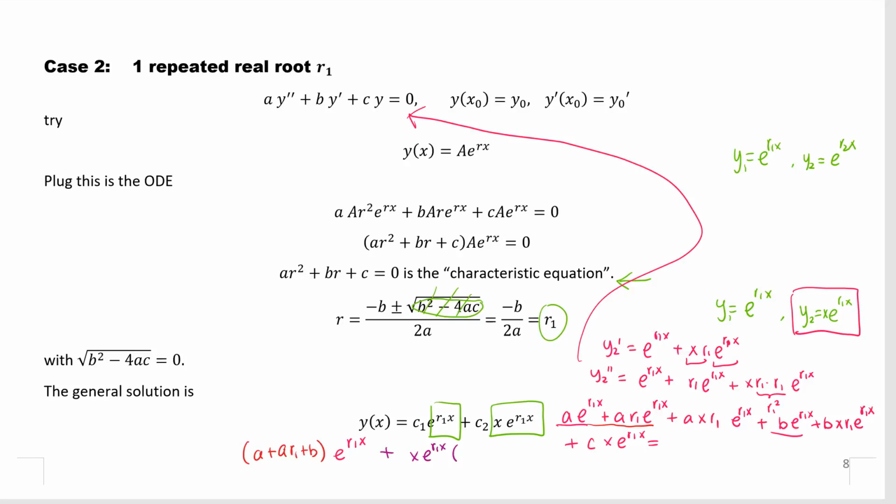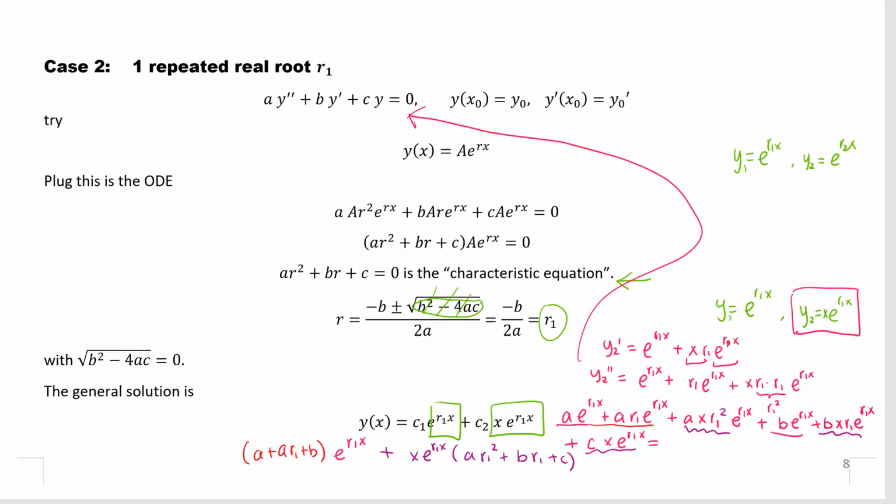We have a, oh, so here this is r1 squared. So we have a r1 squared plus b r1, and the c as well.